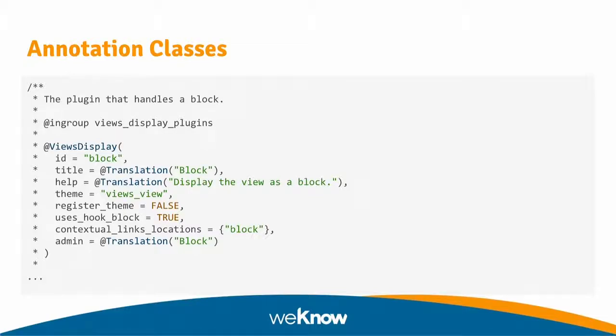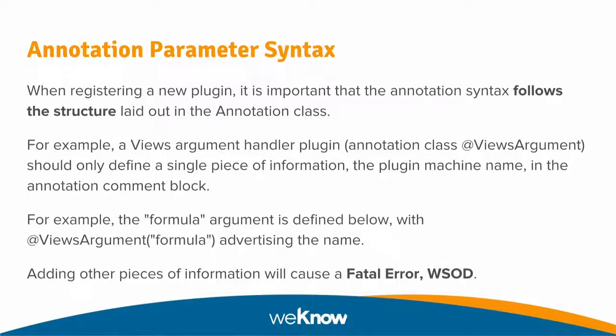That's what the annotation looks like. And this part could change. I mean, it will change depending on the plugin you're using. I'm going to skip over that a little bit. Basically, the most important part is the parameter syntax, like I already said. If you skip one of those attributes because you forgot about it, or you didn't copy it over well, if you don't follow the formula, it's going to crap out.